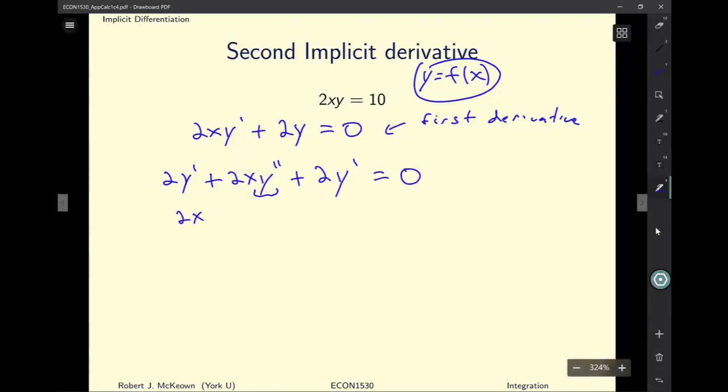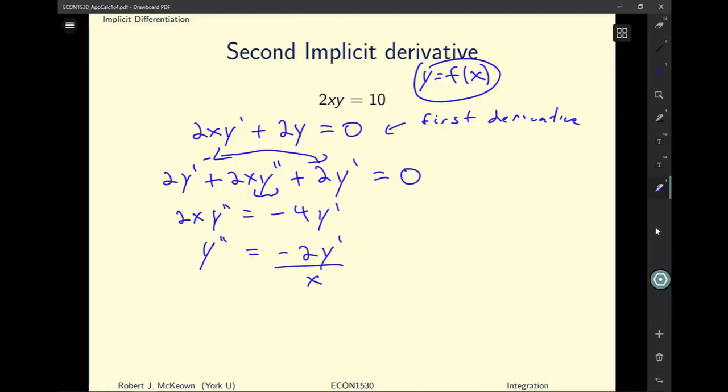So I've got 2x y double prime is equal to, oh, it looks like these two can just be added together. So I'll write it as 4y prime, with a negative sign because I moved it over to the right. Now y double prime is equal to, dividing both sides by 2x, negative 2 y prime over x.